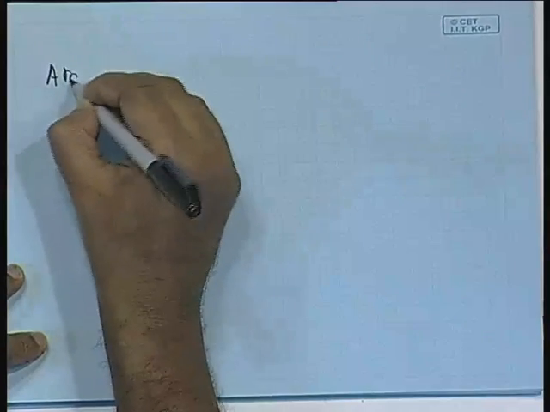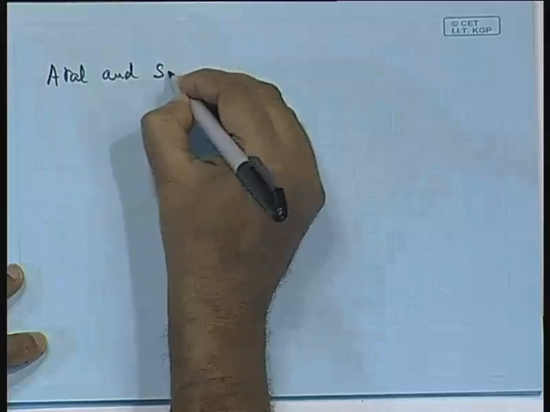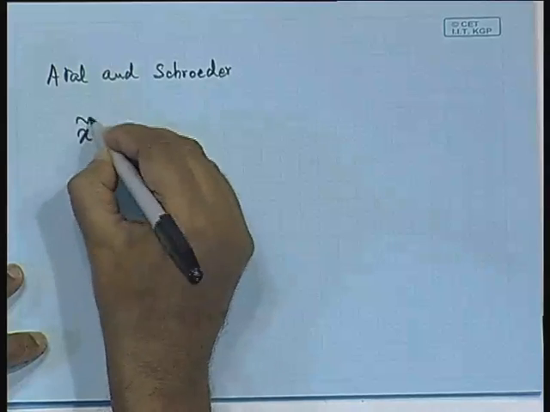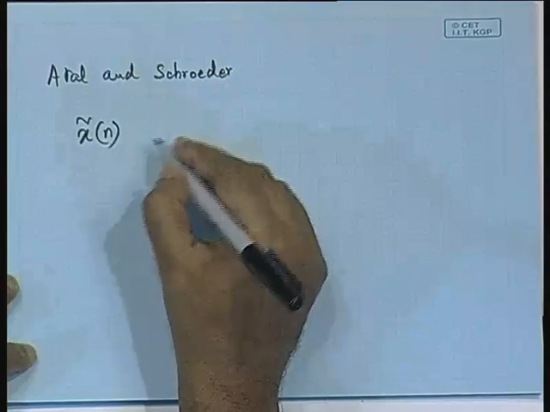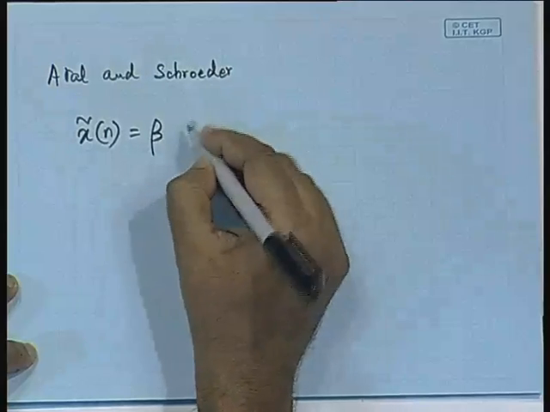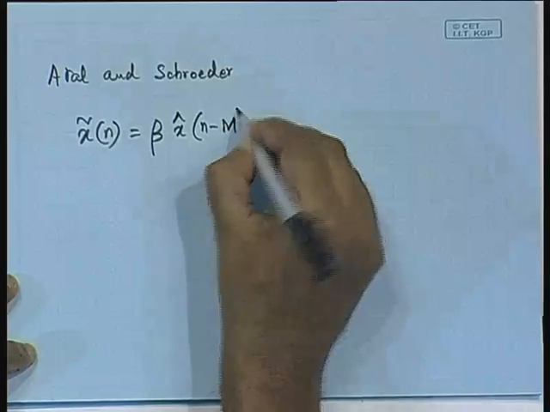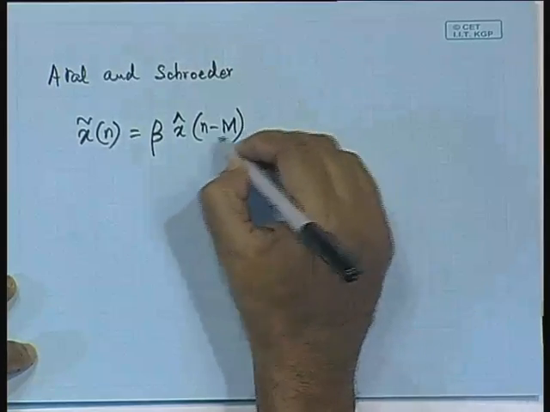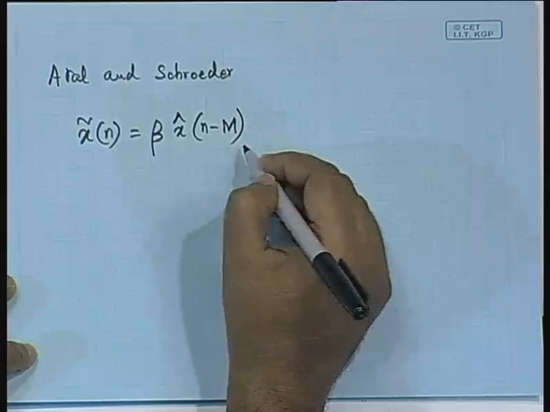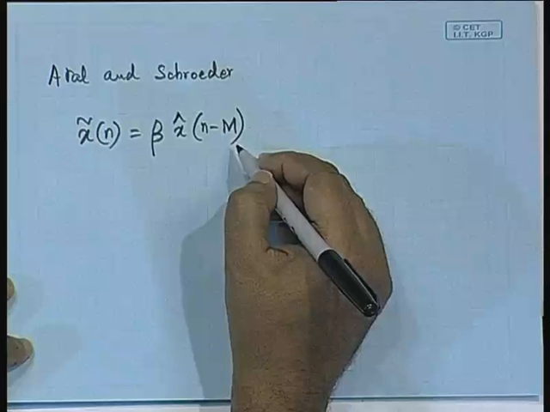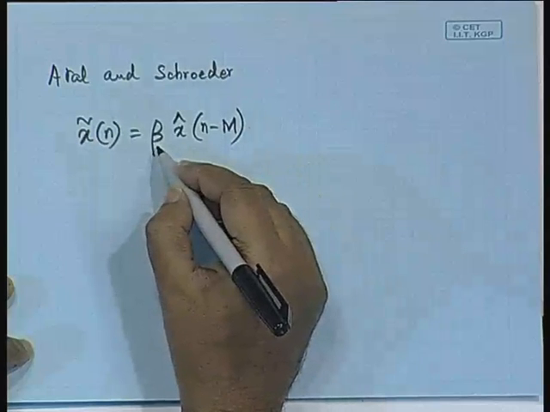So, the predictor mechanism should be something like this. This was in fact proposed by Atal and Schroeder. So, Atal and Schroeder's philosophy is that you can obtain the predicted value x tilde of n as a coefficient beta times x cap of n minus capital M. Capital M is going to be the estimated period, and beta is the coefficient corresponding to that.